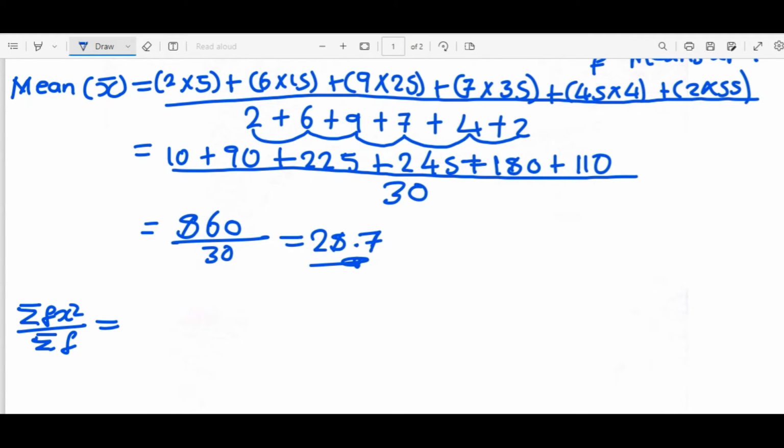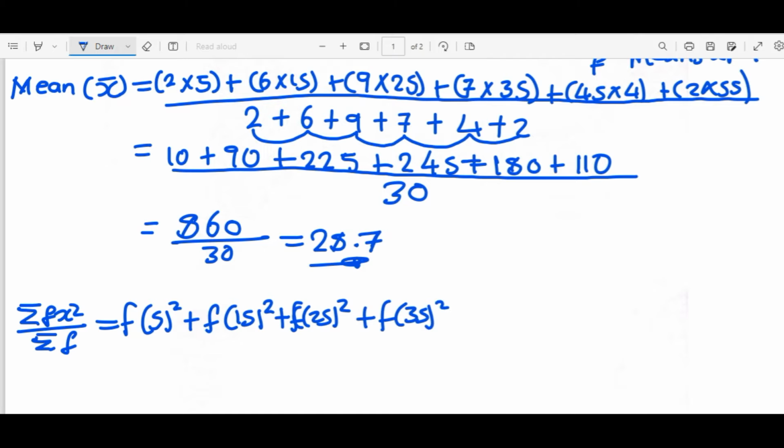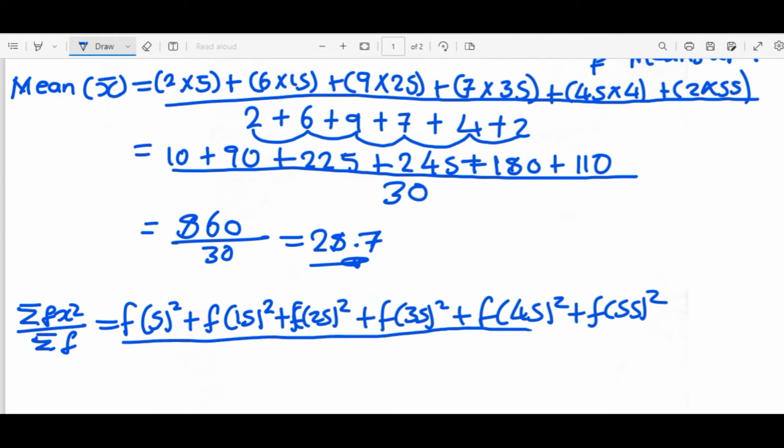So what are we going to do? We'll say f times the first midpoint, which is 5, we square it, plus another f, the second one is 15 squared, plus another f, 25 squared, plus 35 squared, plus 45 squared, plus 55 squared over the denominator.